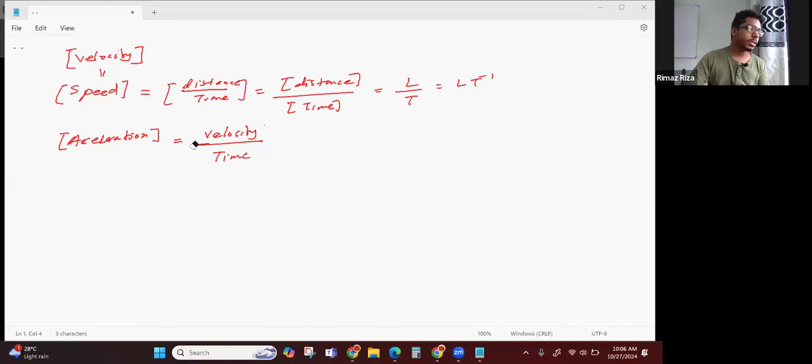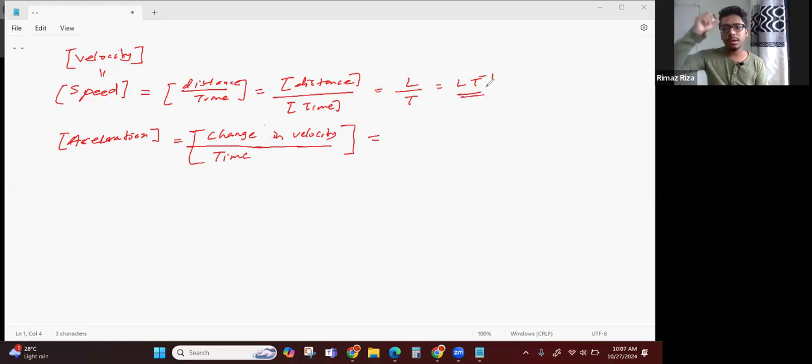So it's actually the change in velocity over time. The dimension of velocity is L T to the minus 1. Therefore, the change in velocity also has the same dimension. So you will get L T to the minus 1 divided by T, so L T to the minus 2.